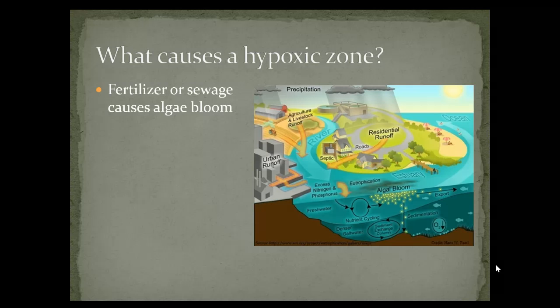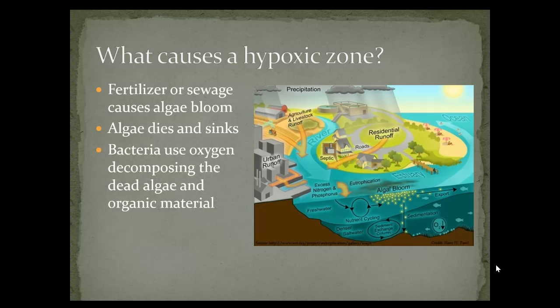Algae are little floating plants. So they bloom and they can get really thick on the surface of the water. And then everything eventually dies. And when the algae dies, it sinks to the bottom. Well, then bacteria are just doing their normal decomposition, but because there's so much algae, the bacteria end up using the oxygen in the water as they're decomposing that organic material.